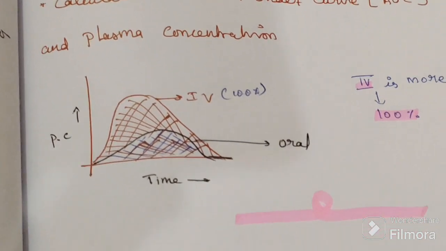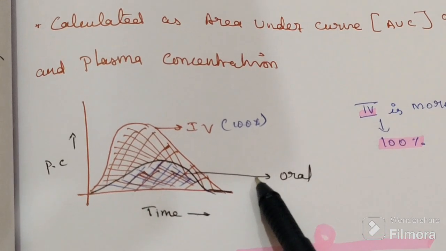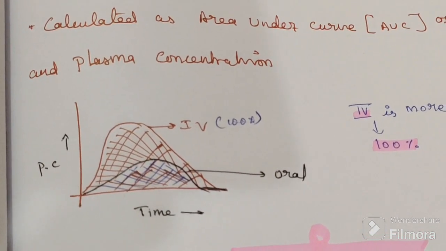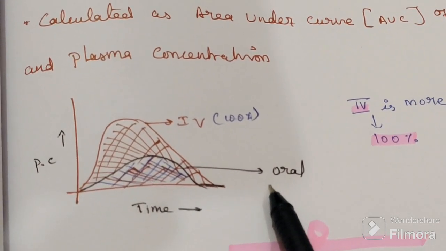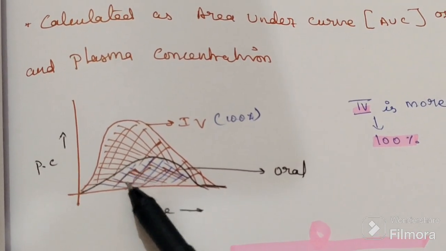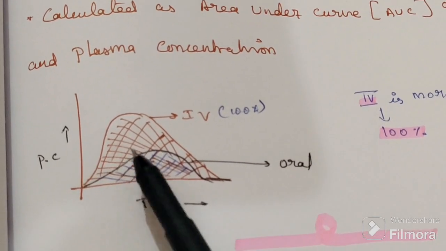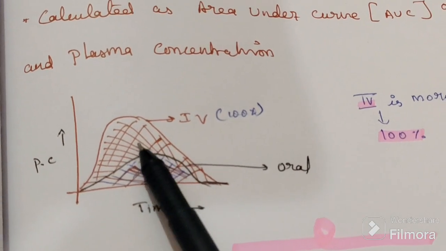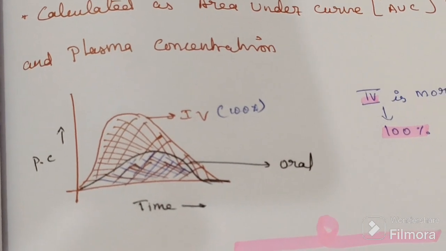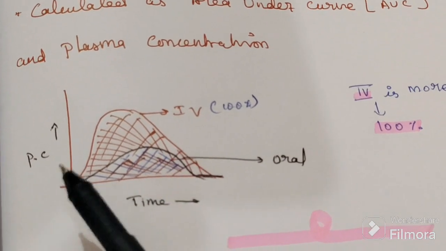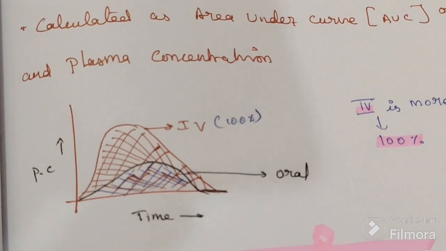This is the graph of A, given orally. Next, the same drug I give to patient B through the intravenous route, directly injecting. So this is the curve of the other patient, given intravenously. This one is given orally, this one is intravenous.